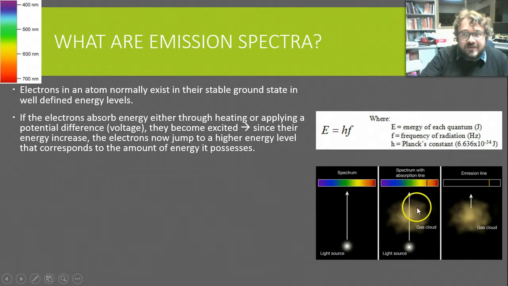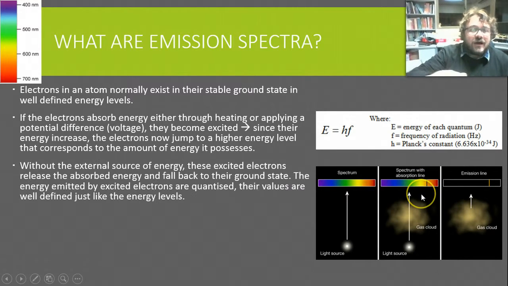We have this gas here. It's letting all the lights go through. The electrons in the gas heat up, so they jump energy, and this means they have absorbed energy. So when they absorb energy, we get this absorption line there.